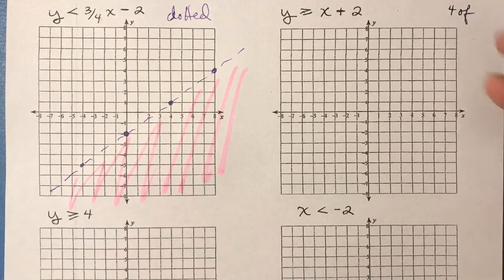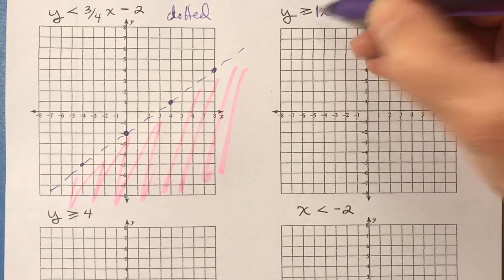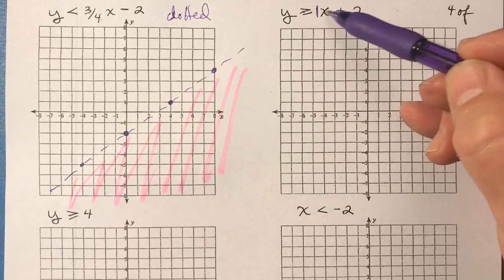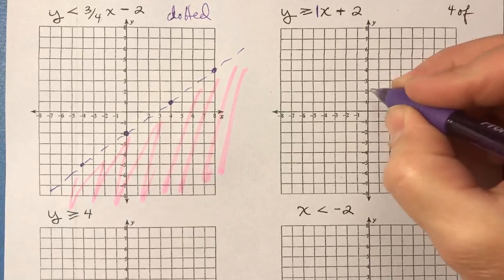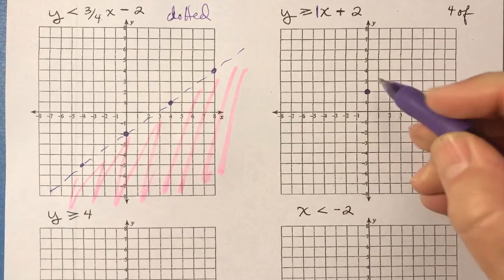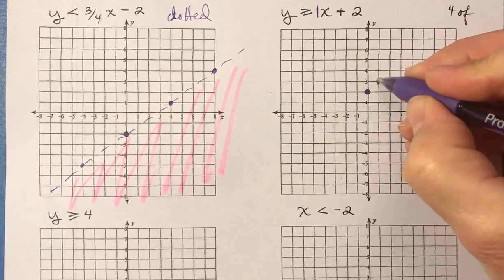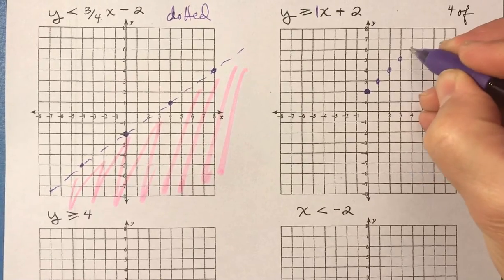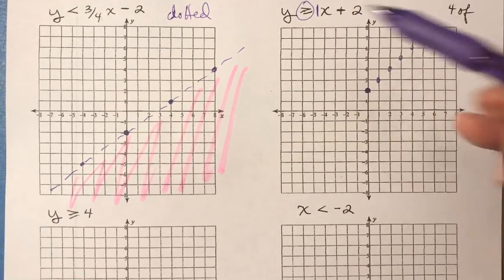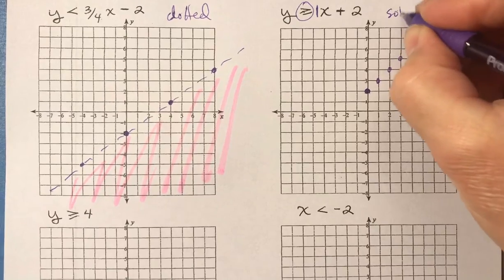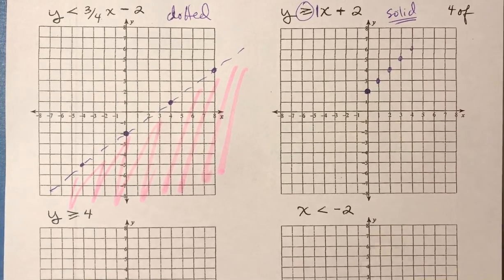For number 4, I'm going to slide a 1 in here to tell us that our slope here is 1, and it goes through 2. So the intercept is 2. We go up 1 over 1 like this. And since it's greater than or equal to, this will be a solid line.